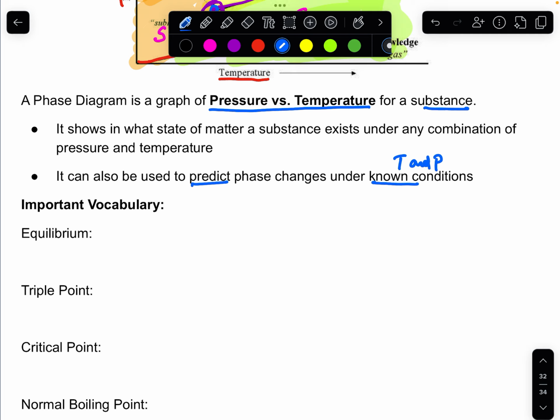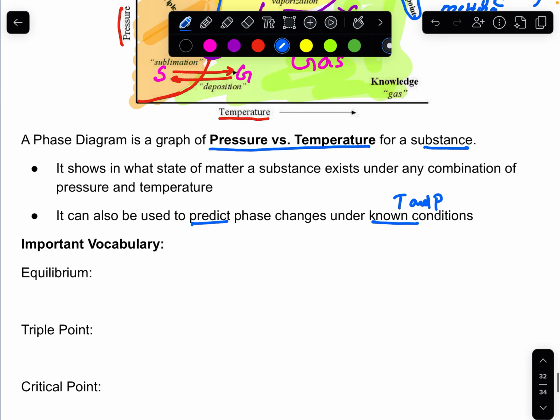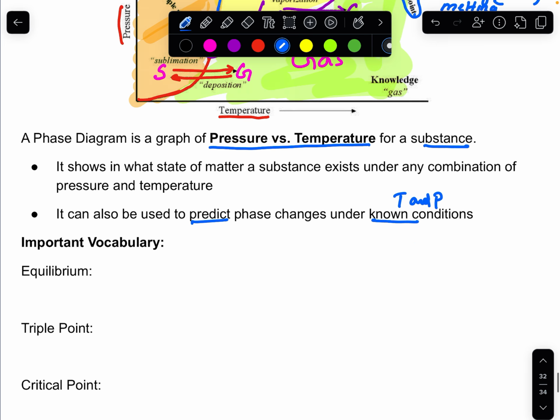Okay, then equilibrium. Equilibrium means things that are equal to each other. We already learned thermal equilibrium, right? Thermal equilibrium is in our zeroth law of thermodynamics. That means when substances are at the same temperature, that is called thermal equilibrium. Here in the phase diagram, equilibrium means equilibrium between two substances or between three substances.